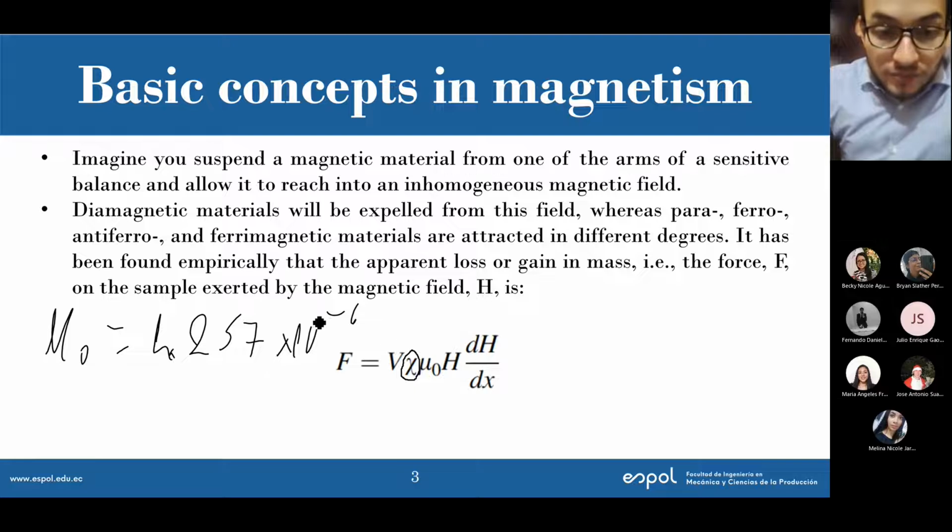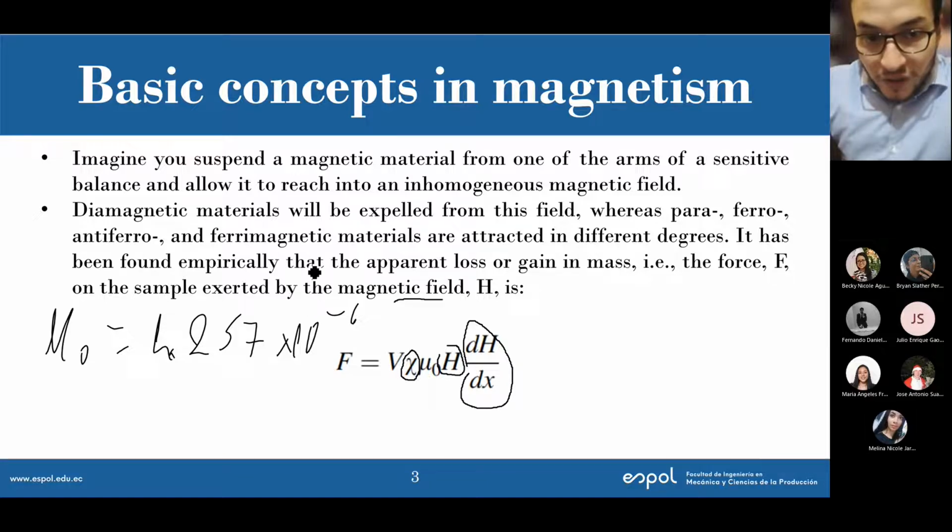And this term that you see here, dH/dx, or the derivative of H with respect to x, is just the change in the magnetic field strength. As you may imagine, H is the magnetic field or magnetic field strength. So dH/dx is the change of the magnetic field strength in the x direction, right? I think that's obvious.